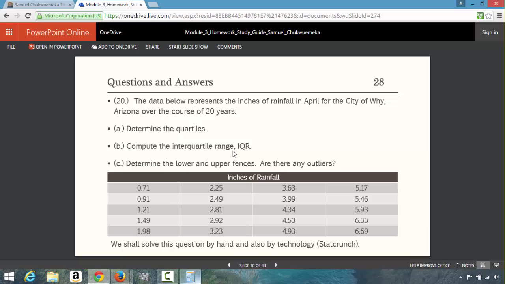So we want to find the lower quartile, the median or middle quartile, and the upper quartile. And then we find the interquartile range, which is the upper quartile minus the lower quartile. And then we find the lower fence and upper fence to see whether we have any outliers.